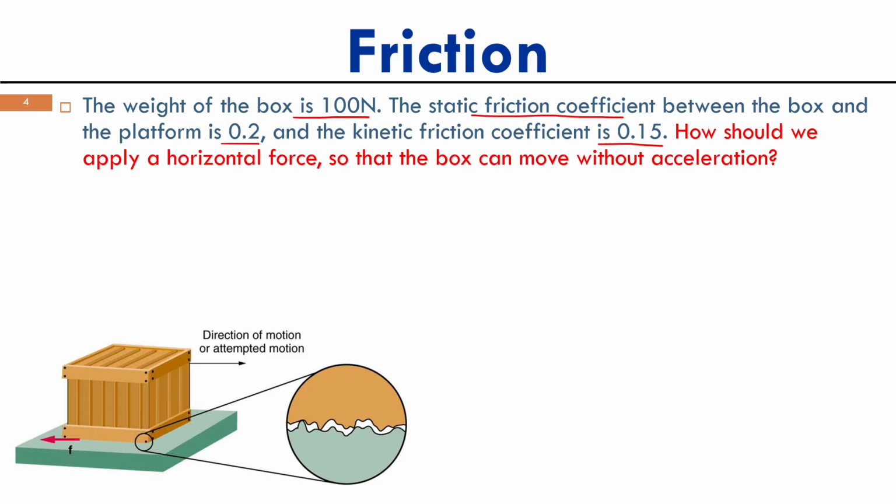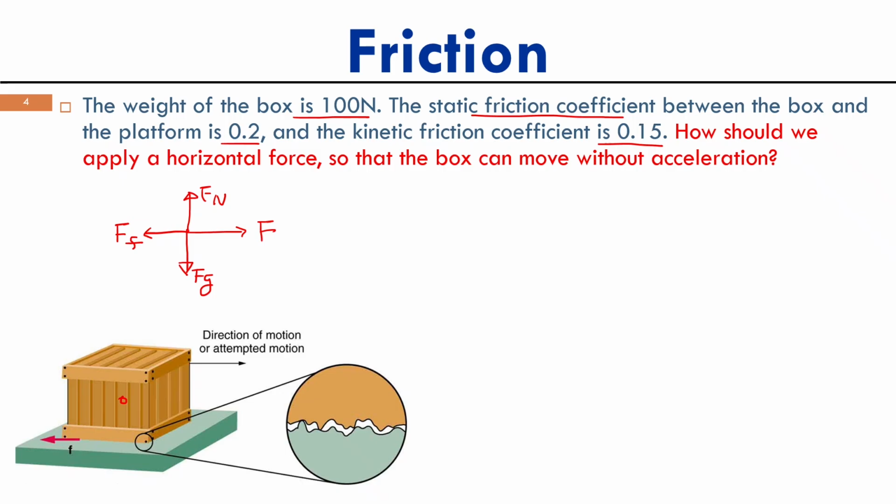So when we look at this question, the first thing we can do is a free body diagram. We know the box is under gravity, so we write this down, gravity, and we know there is a supporting force from the platform. If we apply a force to the right, there may be a friction force opposing this relative motion to the left, right? So these are the possible forces here.